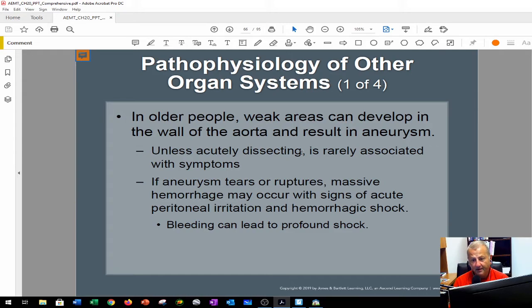Remember, I talk about the circulatory system being like a circuit, and it's used to a certain amount of pressure. But once that pressure starts getting high and uncontrolled at times, it takes a toll on the body, and the aorta pays the price. It stretches out and it dilates. And sometimes it dilates and forms a weak area inside the aorta.